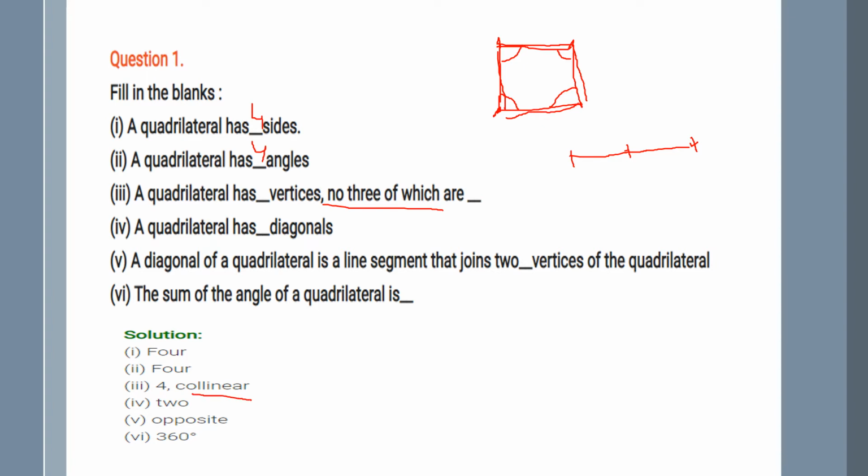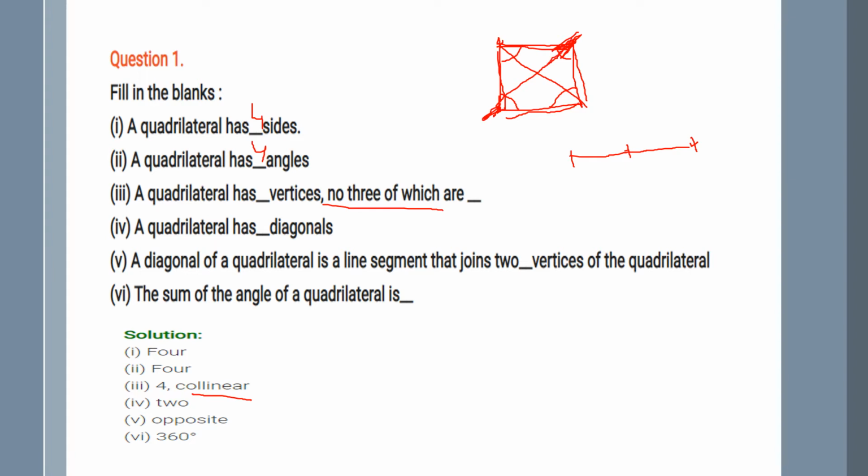A quadrilateral has dash diagonals. You can see the diagonals. This I'm drawing and these are two diagonals. Okay, and a diagonal of a quadrilateral is a line segment that joins two dash vertices of the quadrilateral. Diagonal means you have to join two opposite vertices. This is a vertex, right? And this is also a vertex.